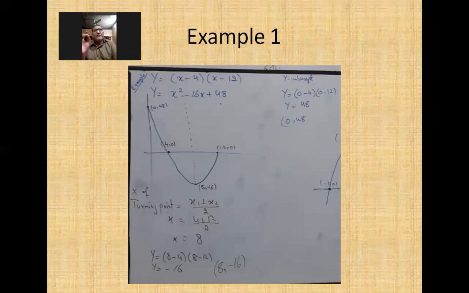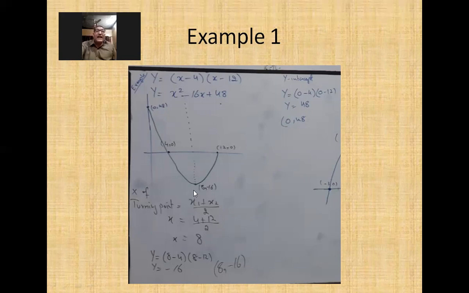Remember, if you know the x-intercepts, then the x of the turning point can be found by this formula: x1 plus x2 divided by 2. This x1 and x2 mean the x-intercepts. So you will have 4 plus 12 divided by 2. So you will have 8.